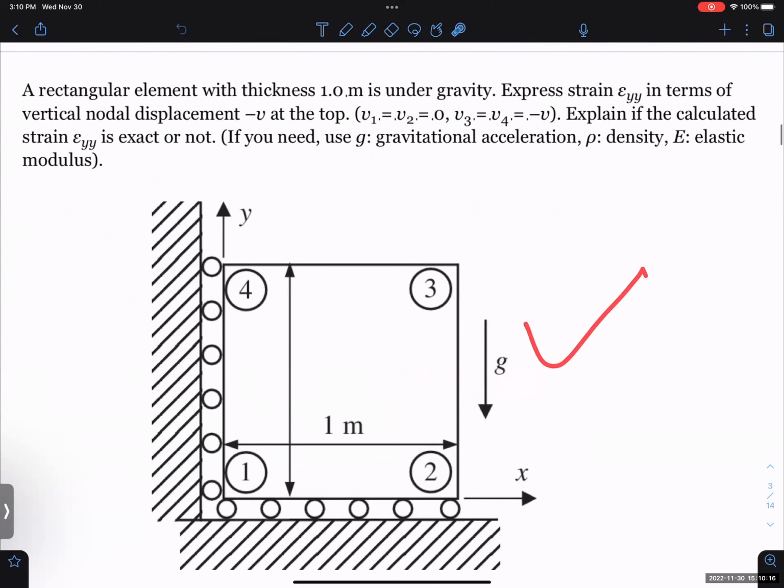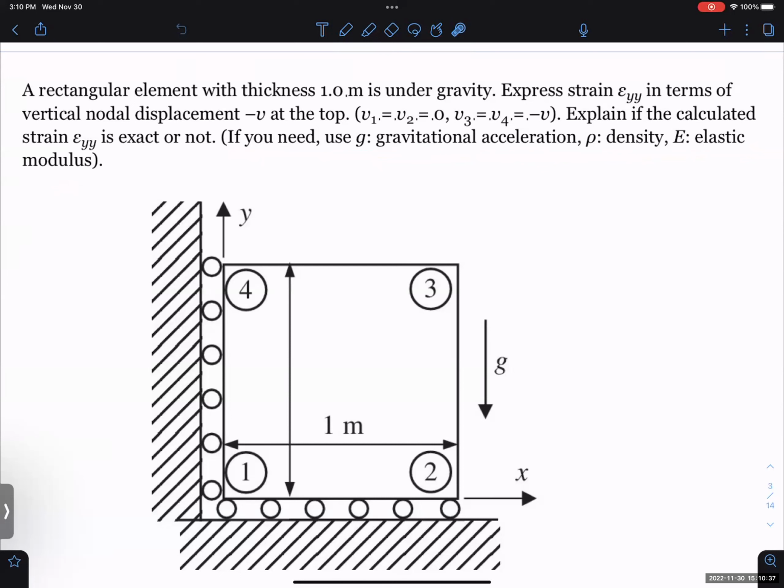For this homework problem, I think it confused a lot of students. The first confusion is that you need to use G, rho, and E, and students wonder what equation they can use to put all these parameters in.